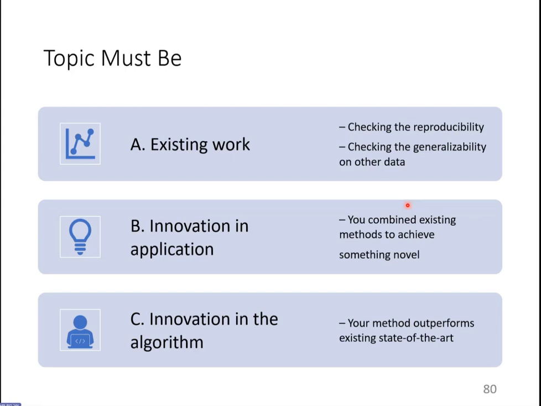You need to check what is the state of the art method for the task, and how to outperform those state of the art methods. Or you can try to do some innovation in application. You can find an existing method and try to do another task and see the results. Or you can improve existing algorithms.